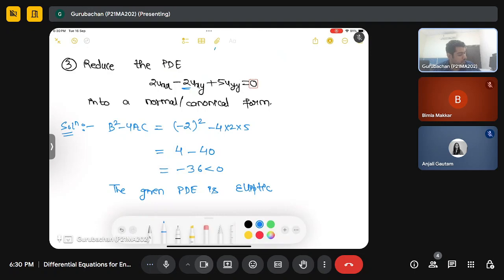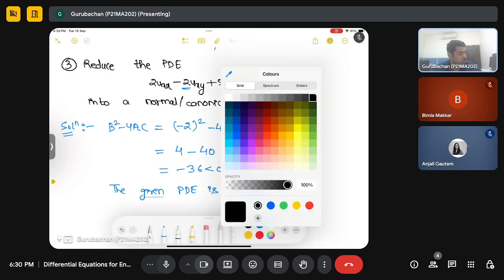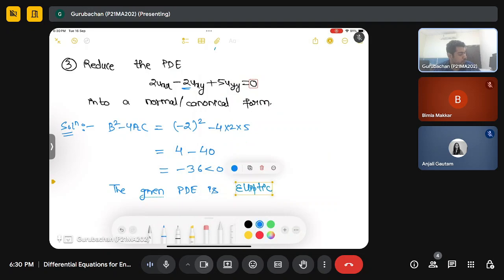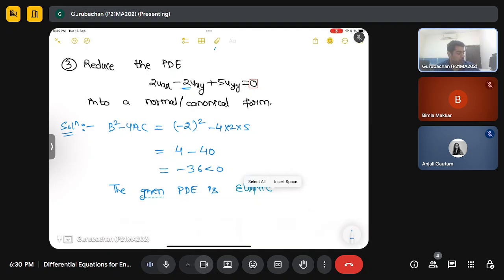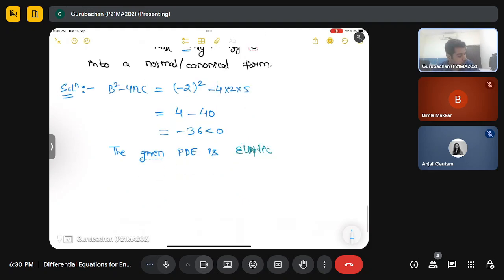Since it is elliptic, now we have to classify them. We have to write its characteristic equation. So what is the characteristic equation? The characteristic equation is dy by dx equal to b plus minus root of b square minus 4ac divided by 2a.